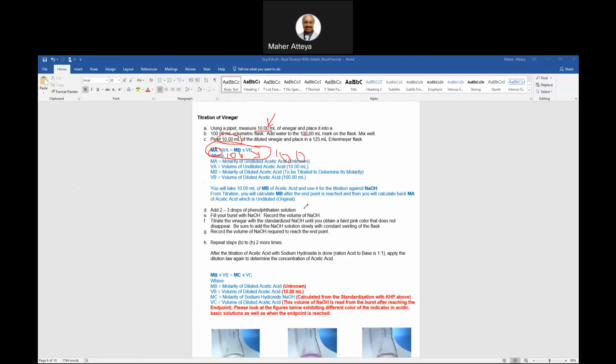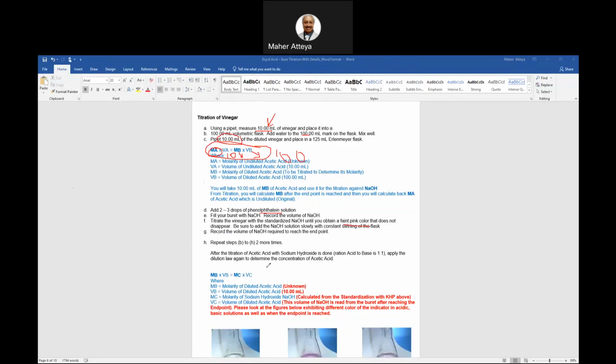So you take 10 out of it in the flask here, and then you add 2 drops phenolphthalein, and then you fill your burette with sodium hydroxide up to 0, and you titrate vinegar until you get the faint color. And then you repeat this for second titration, second trial.